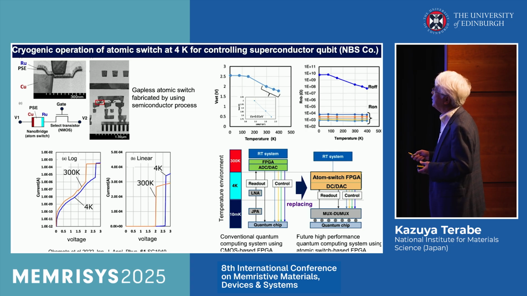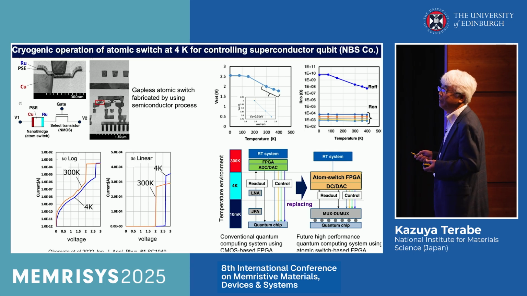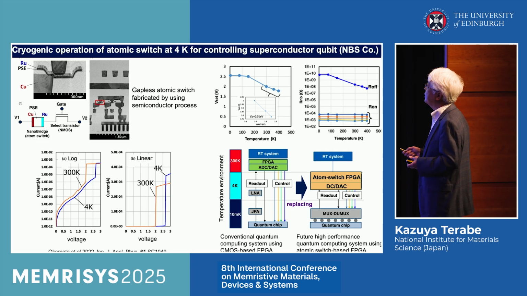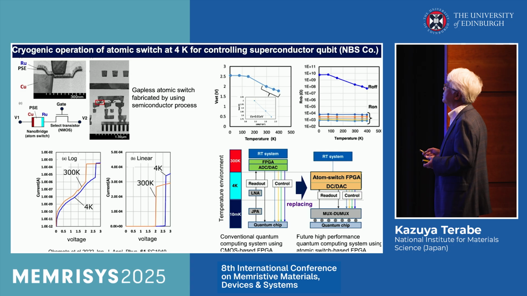This is ruthenium electrode, and this is copper electrode, and this is polymer solid electrolyte. This thickness is very thin, around 10 nanometers. So this gapless atomic switch is fabricated by using the semiconductor process.